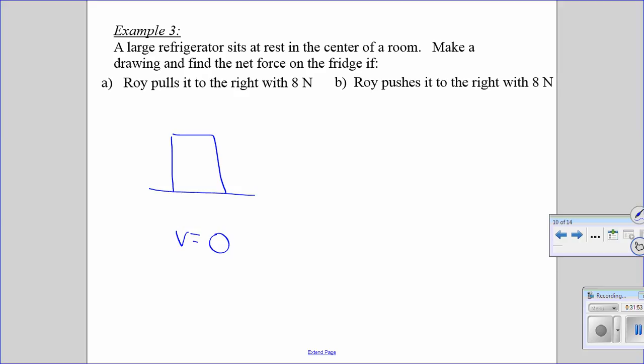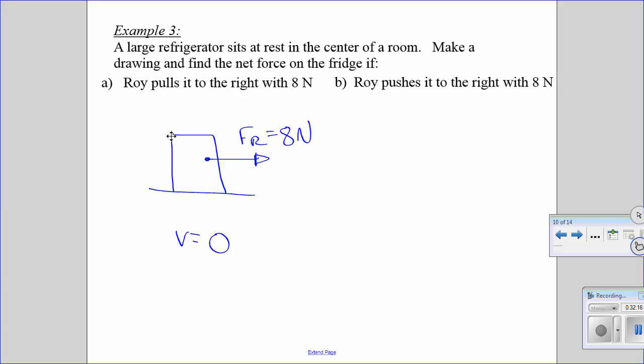In A, it says Roy pulls it to the right with 8 newtons. So here's my force of Roy, 8 newtons. What's different in part B? He pushes it. But the drawing is the same thing.